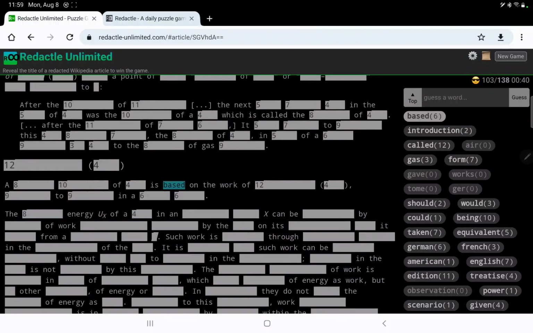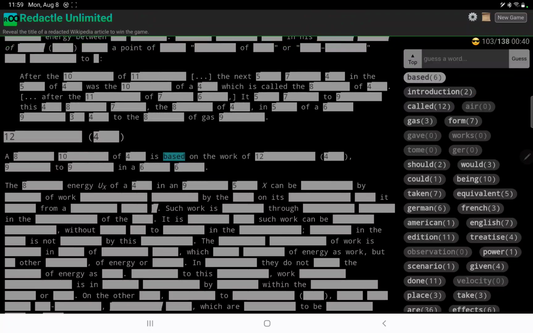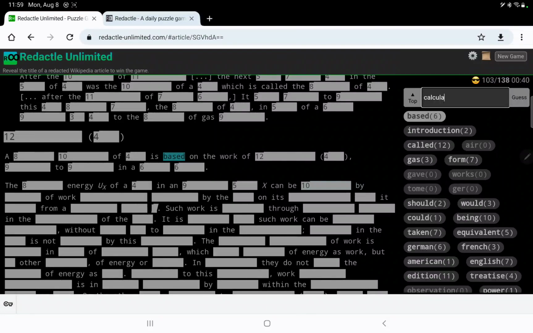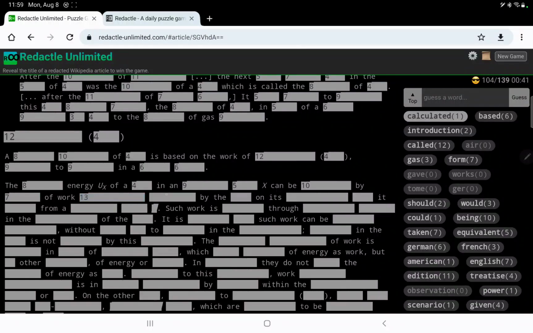The something energy UX, okay, so we have that of a 4 in an 9, 5x can be calculated. No. It can be something by 7 of work, 39 by the 4 on its 12.4.